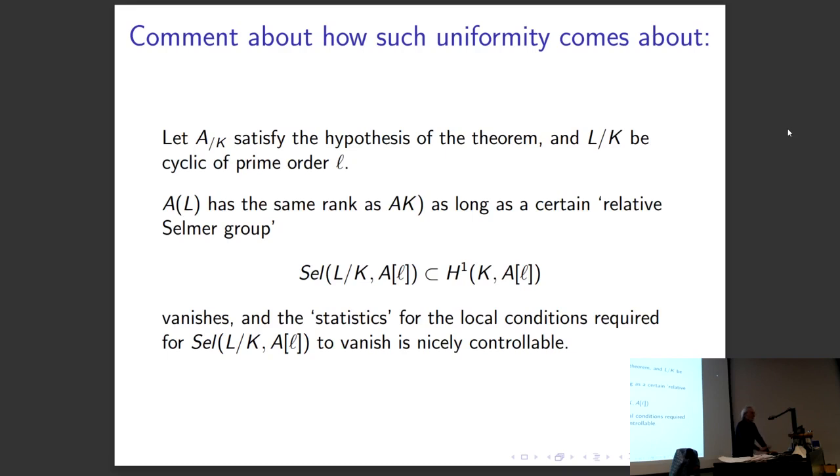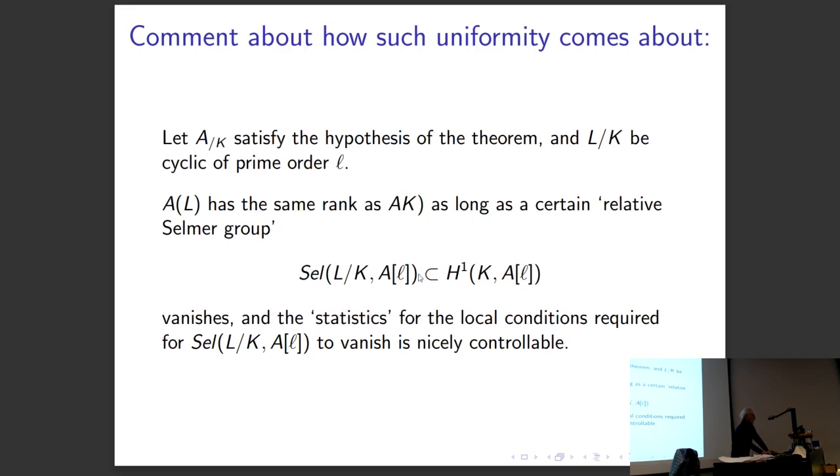But it's a relative thing. You start with this field extension, L over K, and you suppose that A satisfies the hypothesis of the theorem, and L over K is cyclic of prime order. Now, the first thing you prove is that A(L) has the same rank as A(K), as long as a certain relative Selmer group, which you have to define, vanishes.